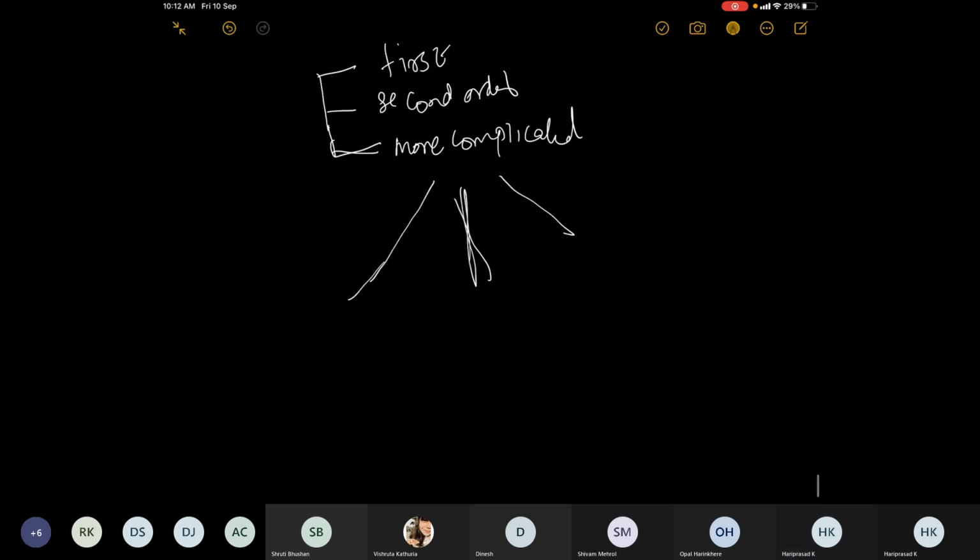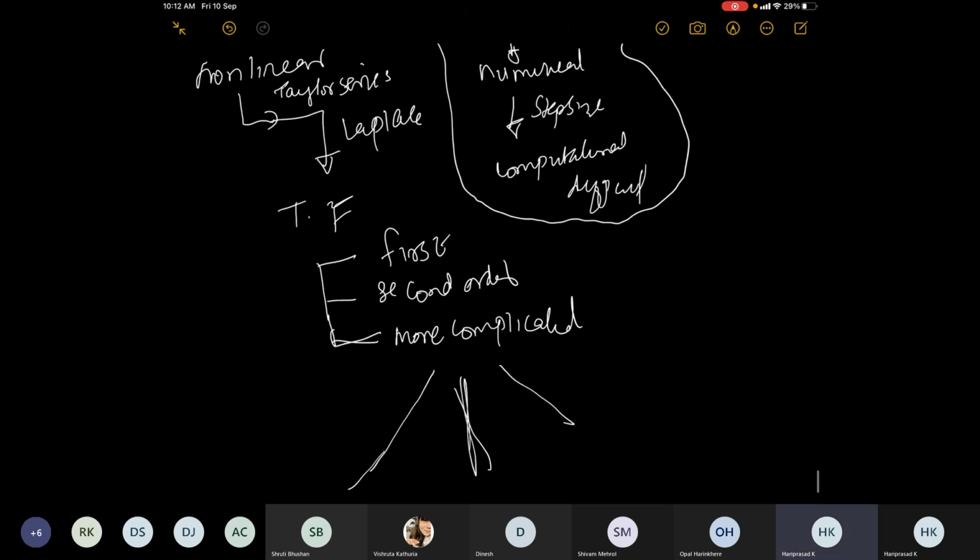One is, what is the transfer function? It is a ratio of polynomials in S space. It could contain a numerator polynomial, or it could contain a denominator polynomial.